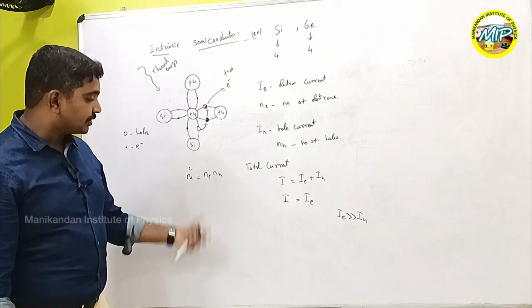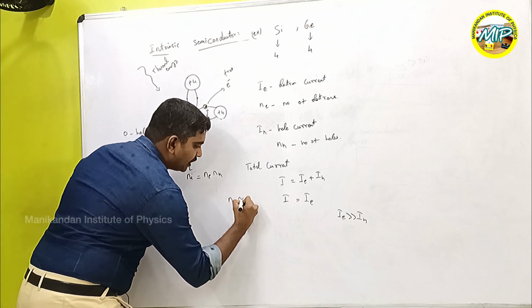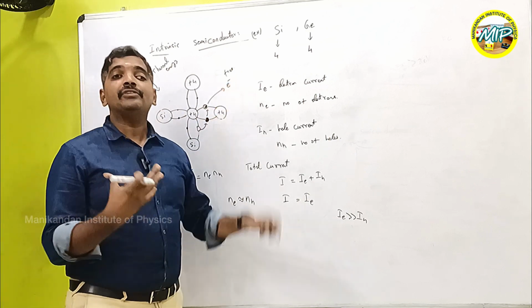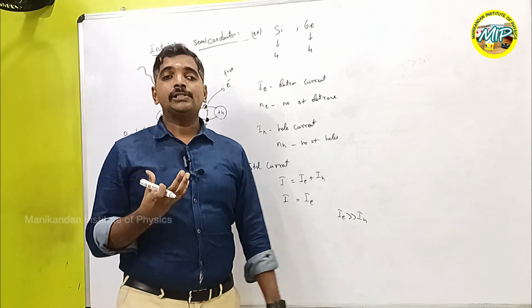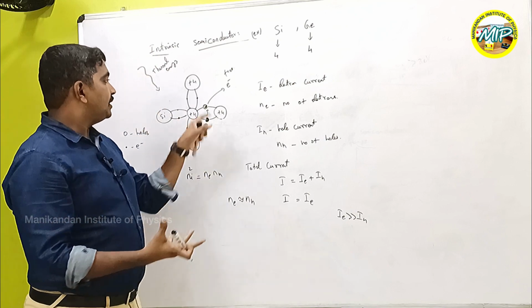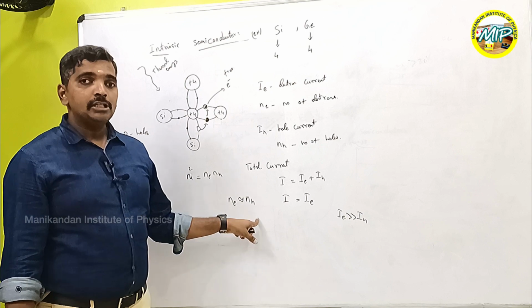In most cases the number of electrons is nearly equal to the number of holes, because each free electron generated leaves one hole, a vacancy. So the number of electrons equals the number of holes.